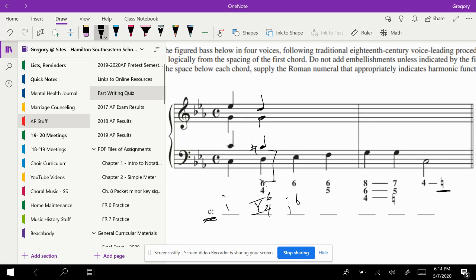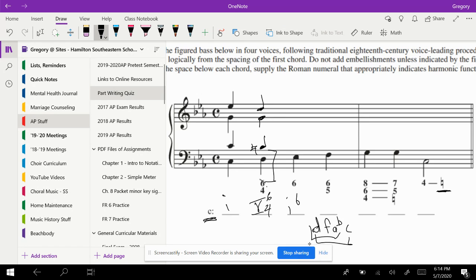Okay, if we look forward to the next chord here, we have a 6/5. Again, that is an inversion of a 7th chord, because this is going to be the root, this is going to be the 7th, and that's going to indicate that this is the 3rd of the chord, which means we're dealing with a D, F, A flat, C chord, which you can see this is diminished, and that is a minor 7th, so this is going to be a half diminished 7 chord.